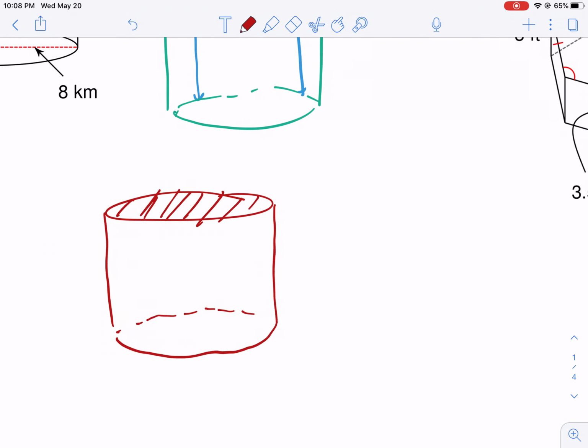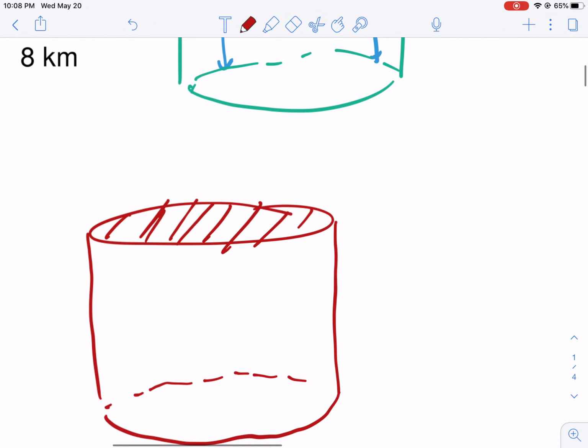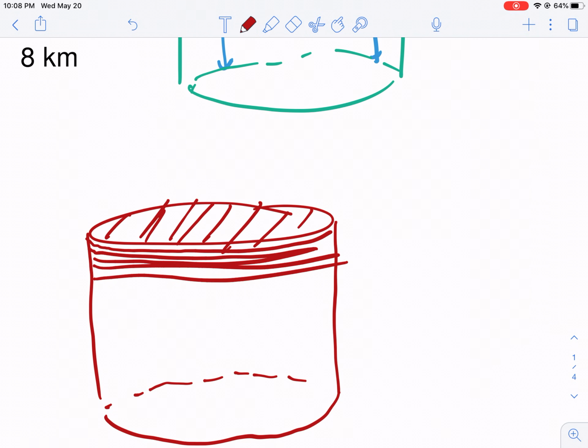It takes up space in 3 dimensions now. Well, how would we figure that out? If we were to take 2 of these thin slices, we would just take the area and double it, and then we could keep multiplying it by the number of tiny little slices that we add.